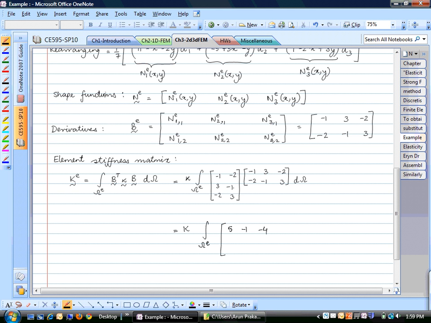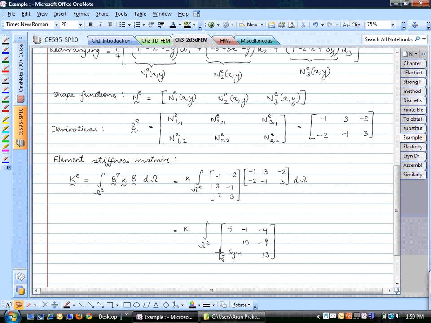And 3 times minus 1 would be minus 3, giving 9 and 10. And you would have minus 6 and minus 3, minus 9. And this would be 4 plus 9, 13. And the rest is symmetric. So just make sure that this algebra is correct.